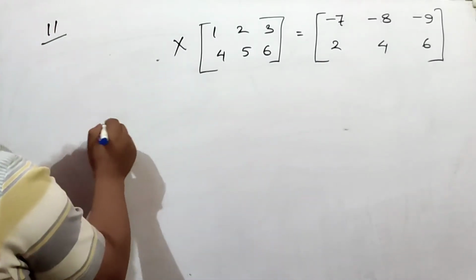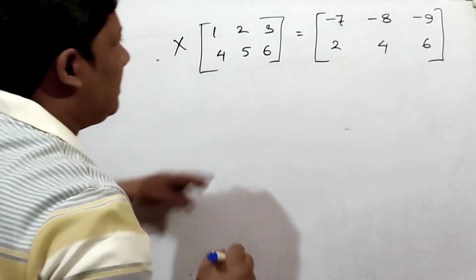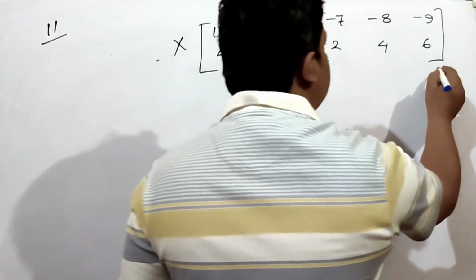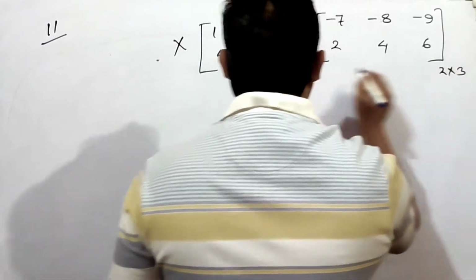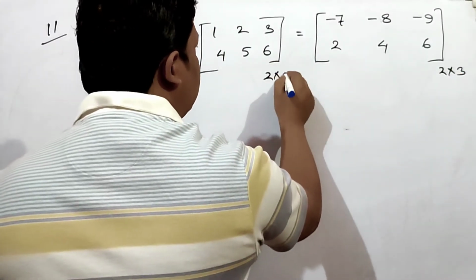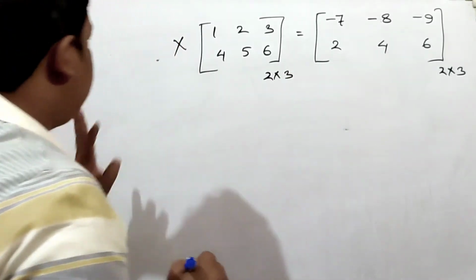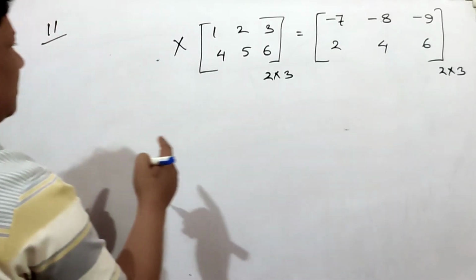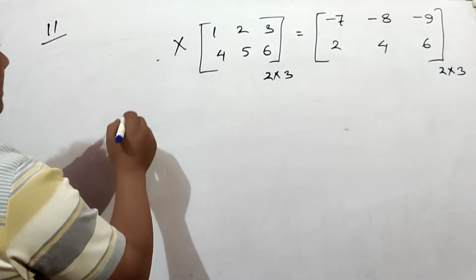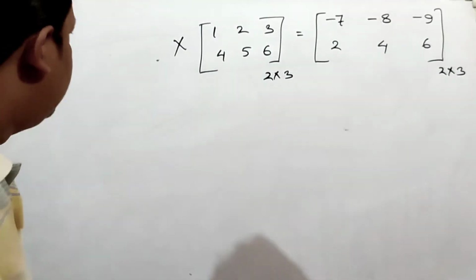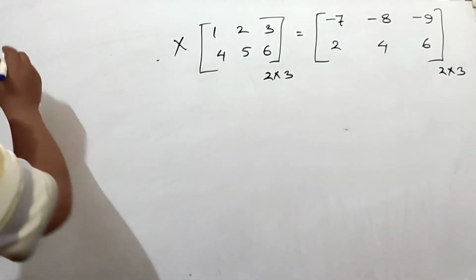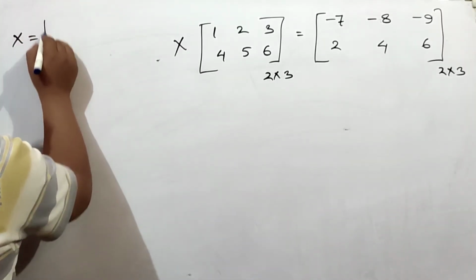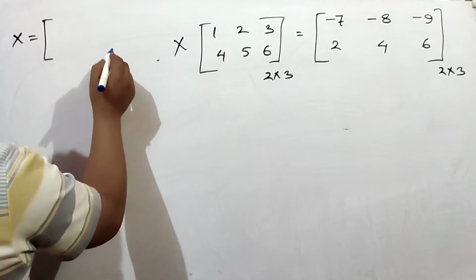For that, suppose the order of the result is 2 by 3. So its order is also 2 by 3. So if you write the value of x, it should give a 2 by 3 matrix. X is the matrix.